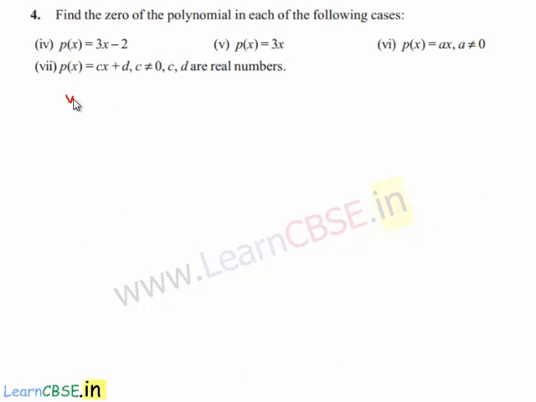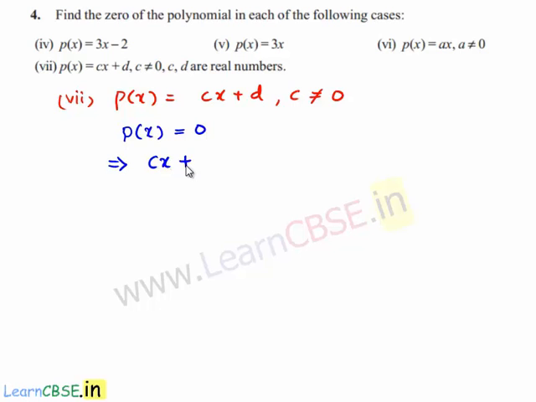Moving on to the seventh bit, which is given as p of x is equal to cx plus d. C is not equal to 0 and c comma d are real numbers. So first equate the given polynomial p of x is equal to 0. That gives cx plus d is equal to 0, which gives, transposing the plus d to right hand side, we get cx is equal to 0 minus d.